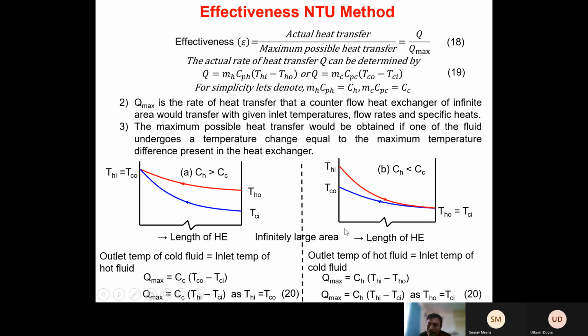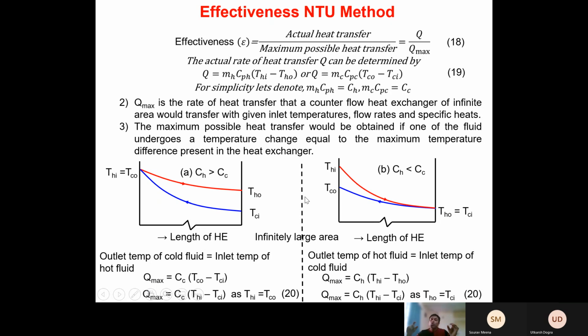Similarly, in this case, I can calculate Qmax in terms of the sensible heat of the hot fluid. That will be given by CH into THI minus THO. Now this THO is TCI. The outlet temperature of the hot fluid is equal to the inlet temperature of the cold fluid because of the infinite length of the heat exchanger. So THO is replaced by TCI, and Qmax is given as CH into THI minus TCI.